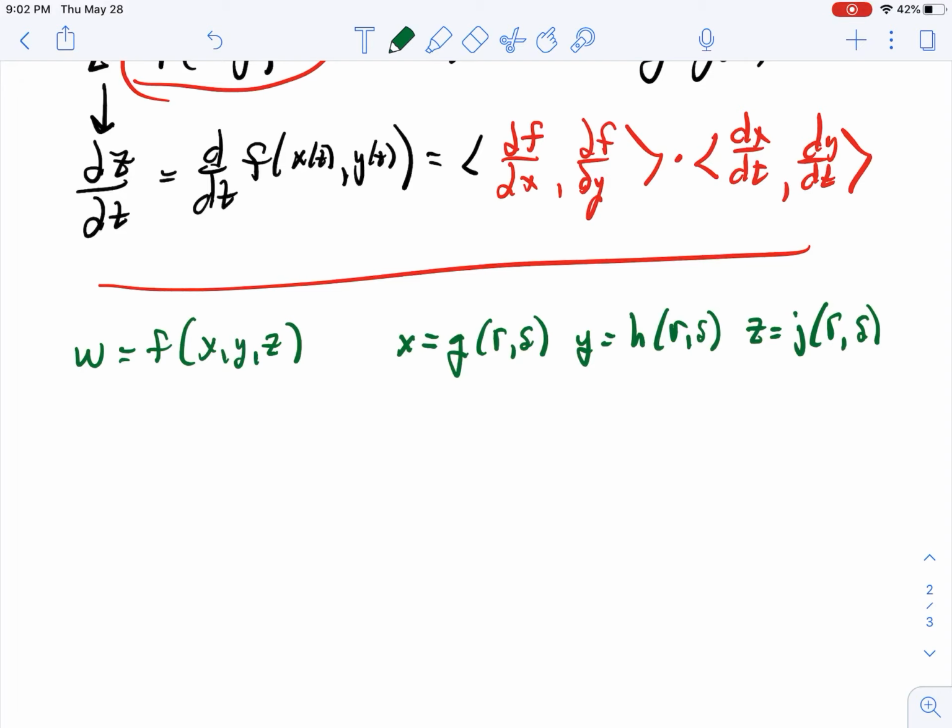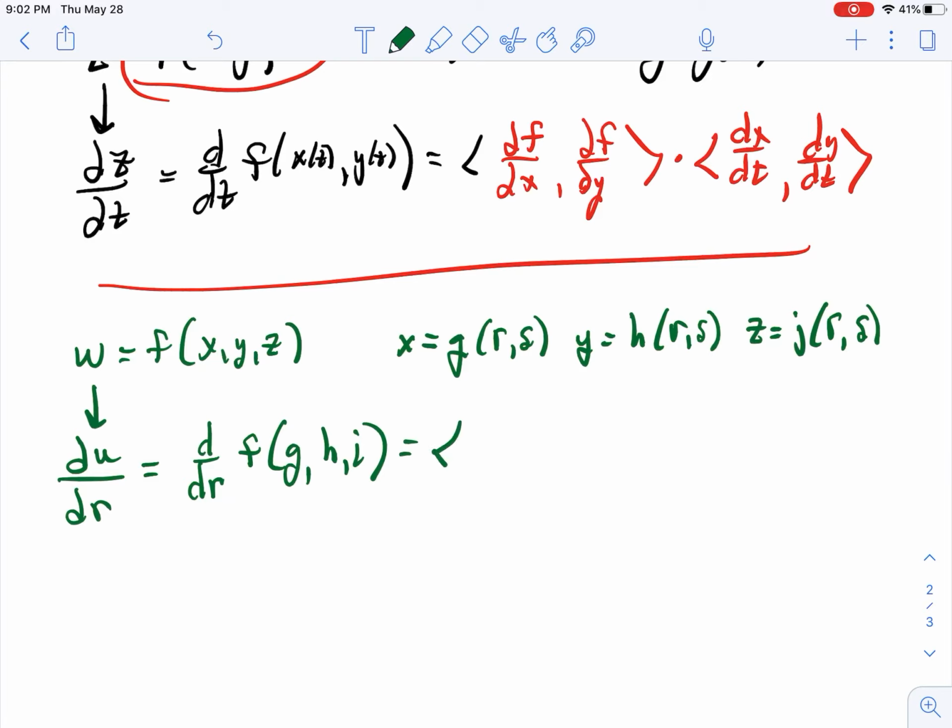Now you might think there's a lot of variables here, but really it's not. It's the same process. So if we go through and I ask you to find the partial derivative of w, and let's do it in terms of r first. That would be the same thing as d/dr of f of g, h, j.